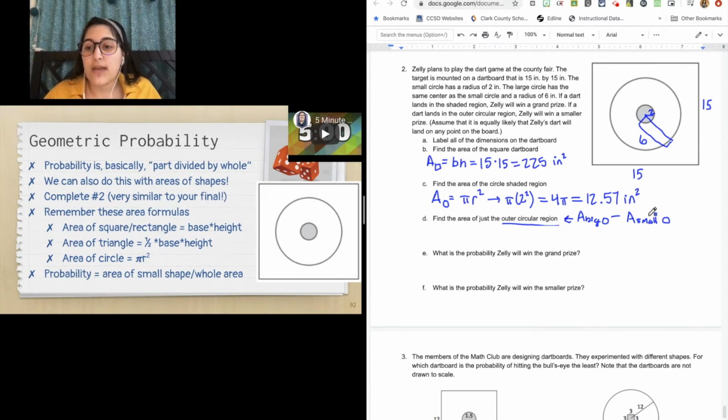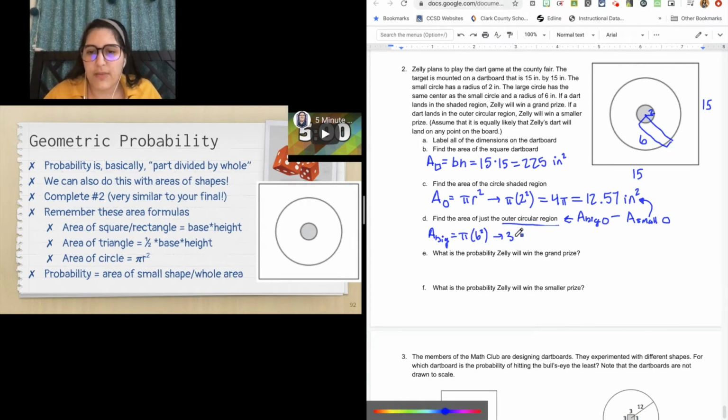So I know the area of the small circle. I found that already, but let's find the area of the big circle. Okay, still pi r squared, but it's pi times, and my radius is 6 squared this time. So that's 30... Sorry, everybody.